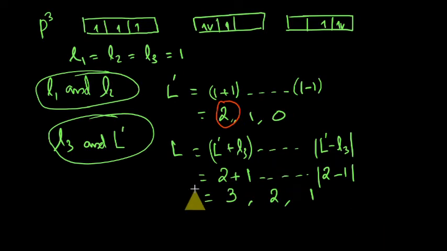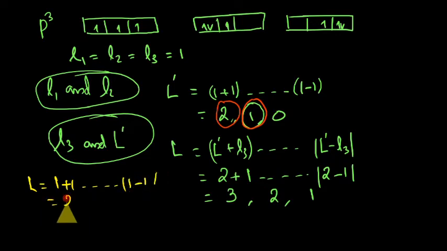And now we have to find the values for the next L dash, that is L dash is equal to 1. ഇതിനു വേണ്ടിയും കൂടെ നമ്മൾ കണ്ടുപിടിക്കണം. So in that case L is equal to 1 plus 1 to 1 minus 1. So that is equal to 2, 1, 0. These are the values possible.